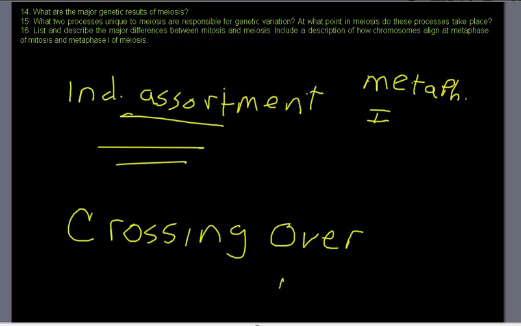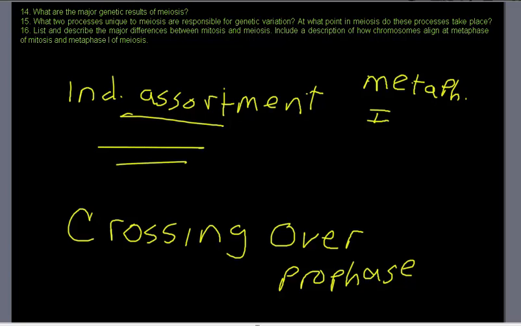And crossing over actually happens earlier. Crossing over happens in prophase, and actually pretty early in prophase. It's pretty interesting. Crossing over actually helps the chromosomes line up. So part of the process of prophase is chromosomes finding each other and getting intertwined, and that brings the chromosomes together and helps them align.